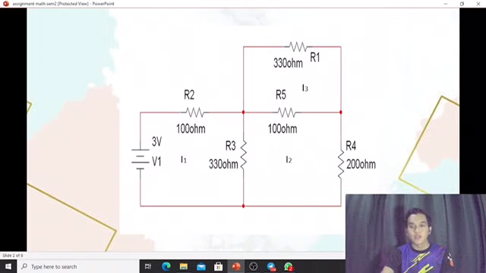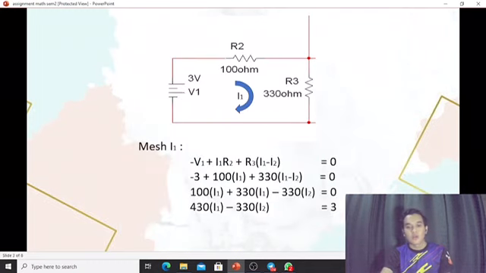So, in order to solve this problem, the circuit has been divided into 3 parts: I1, I2, and I3. To complete the circuit I1, first we have to know the direction of the electric current.